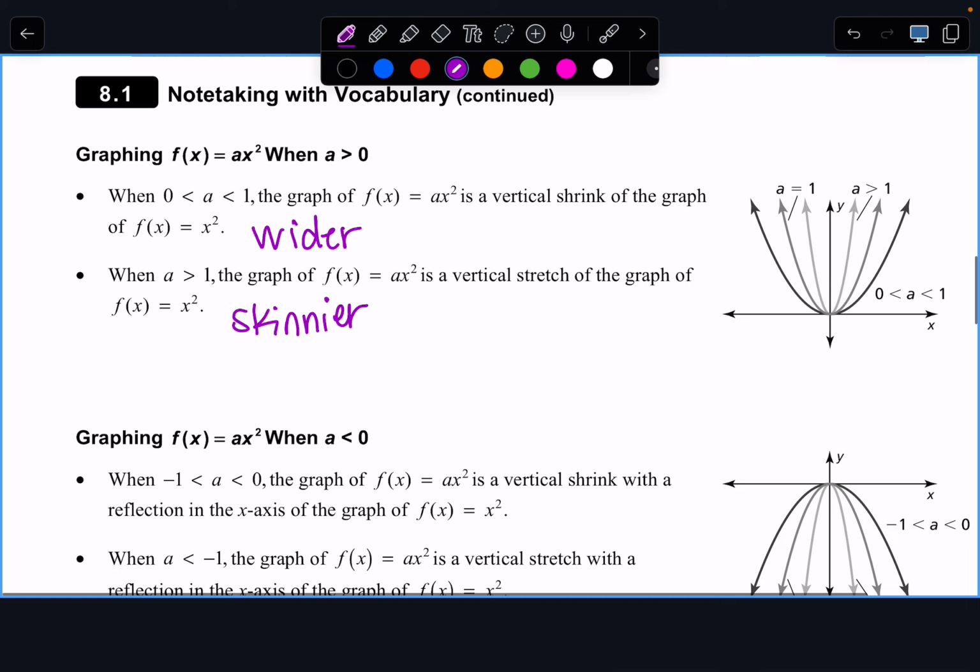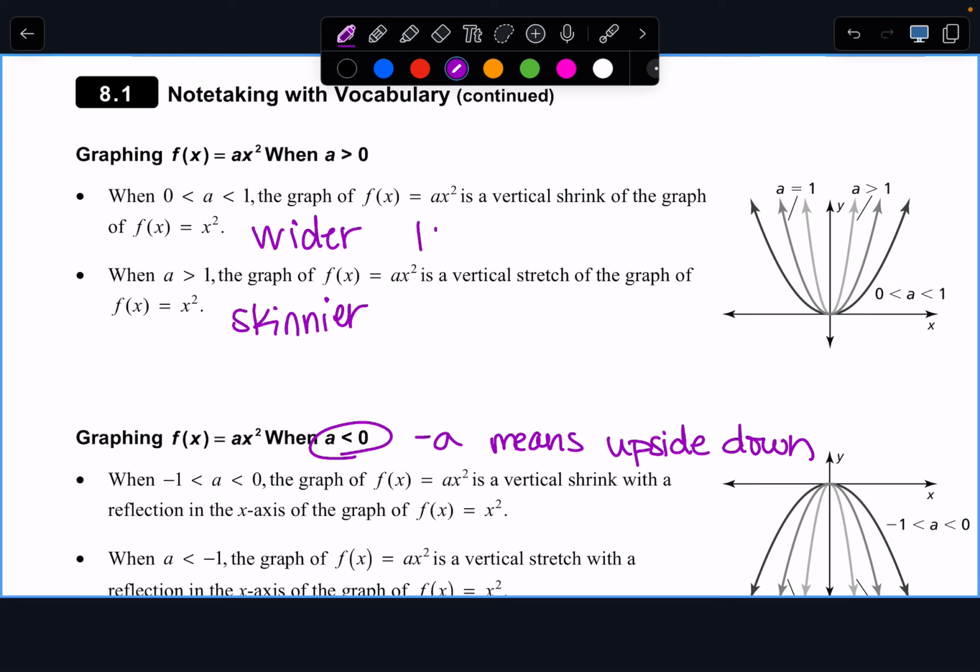When A is negative, it means we're going to be upside down. Okay.